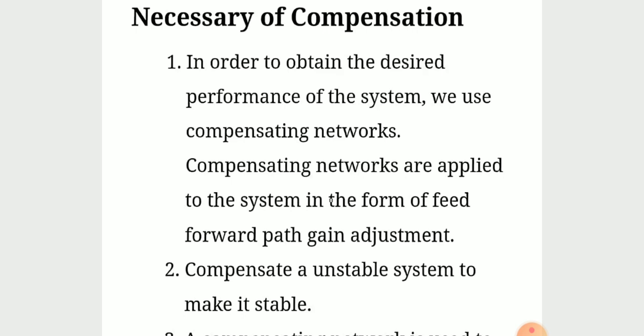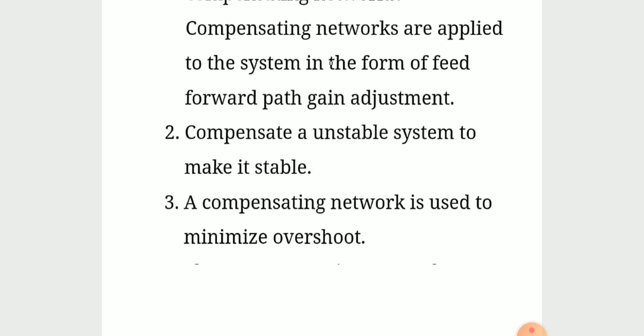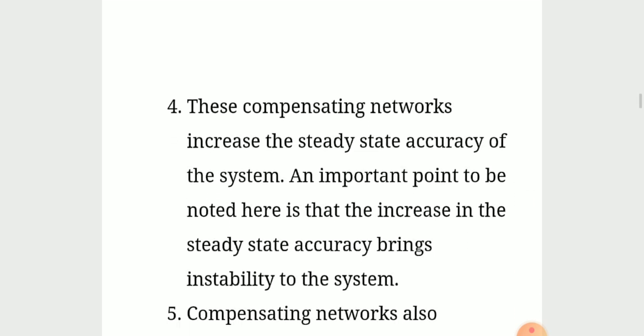A necessary condition for the compensator is that, in order to obtain the desired performance of the system, we use a compensating network to make an unstable system a stable system. A compensating network is also used to minimize the overshoot.